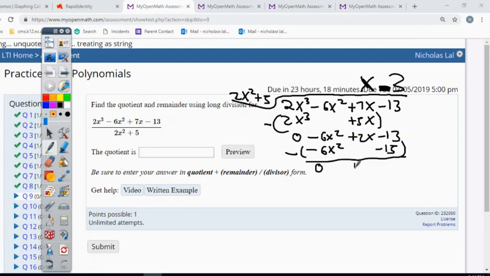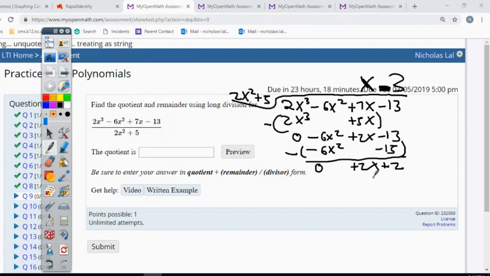Bring down the 2x. Negative 13 minus negative 15 is negative 13 plus 15, which is positive 2. So that's 2x plus 2.